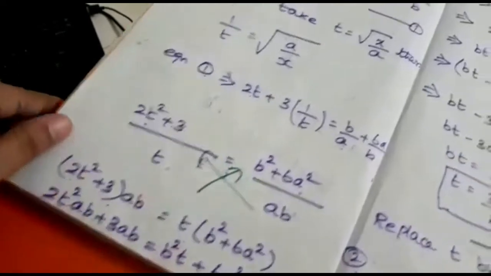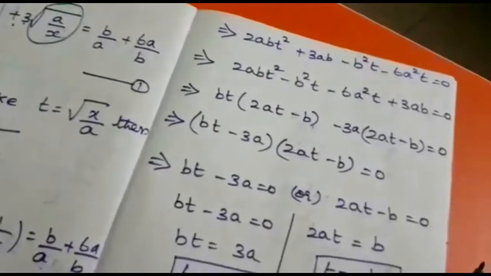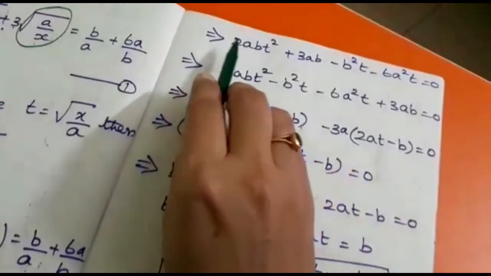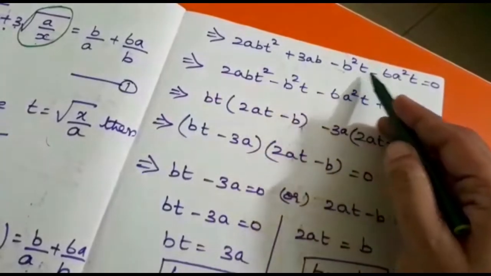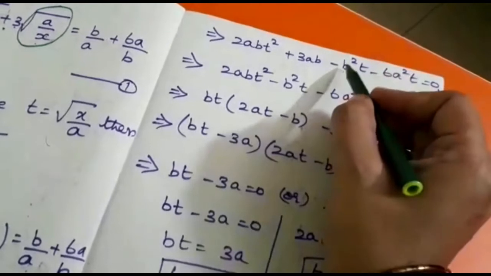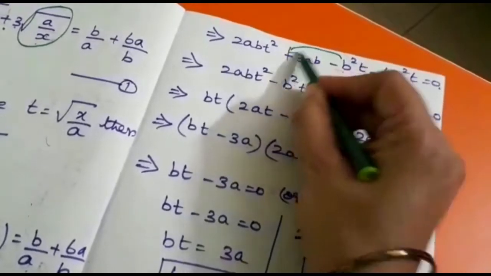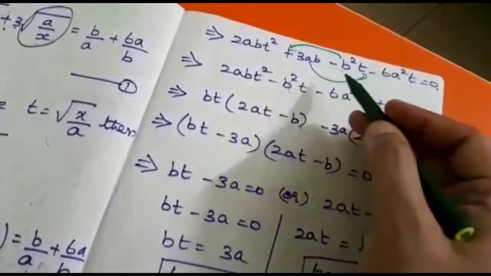So I can bring all the terms together in one side. That is 2ab t square plus 3ab minus b square t minus 6a square t is equal to 0. I just want to write this term here and this term here for convenience.